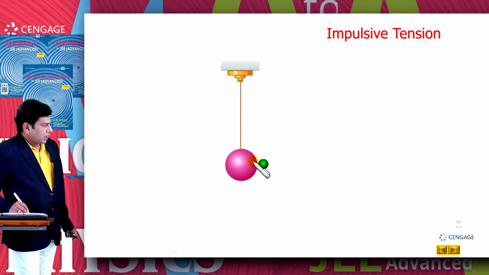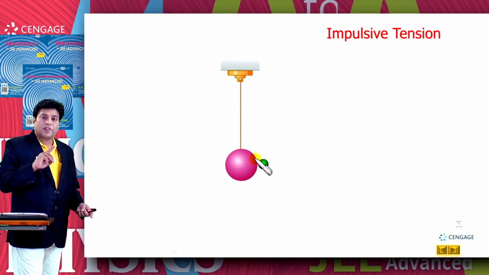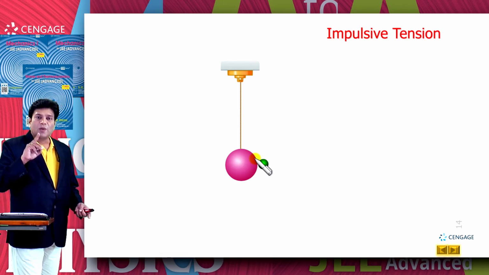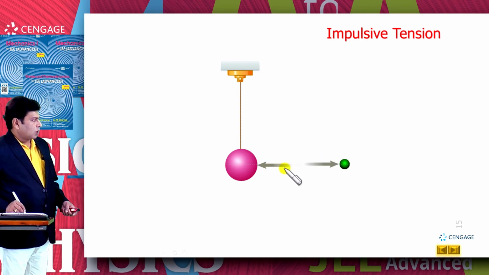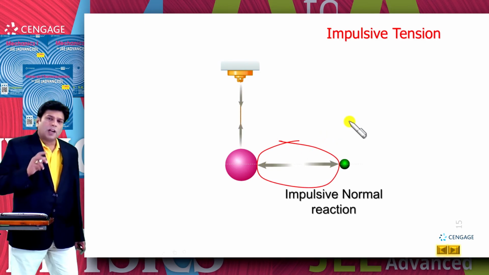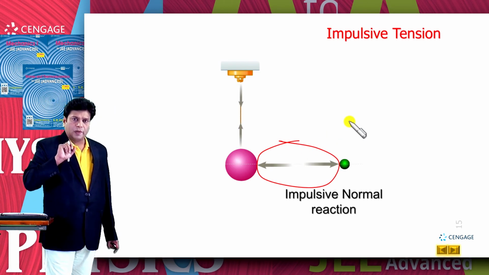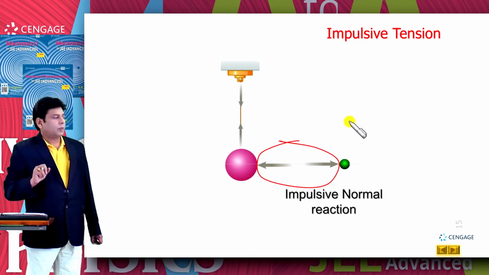And if collision occurs here, two surfaces are in contact, and we know colliding surfaces always have an impulsive normal reaction. So if we draw the free body diagram, the normal reaction between these two surfaces is impulsive. Before collision, the tension in the string is nothing but the weight of the bob.